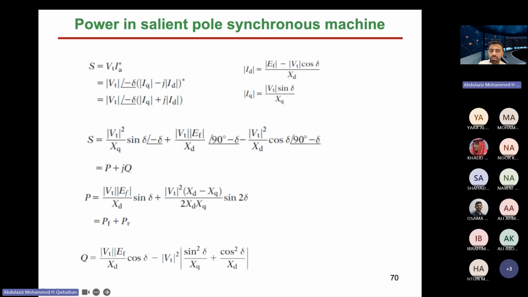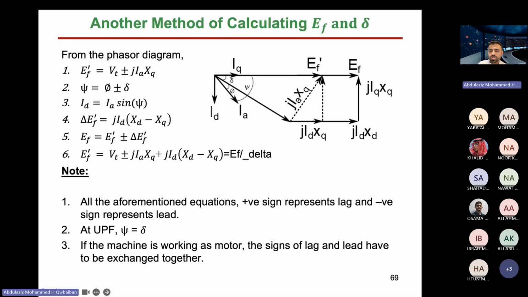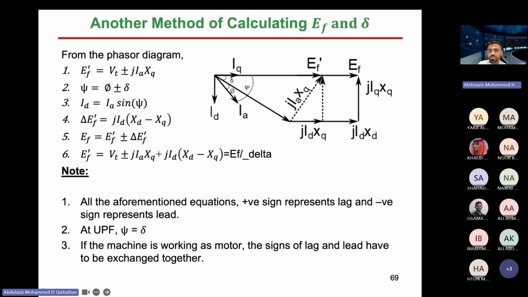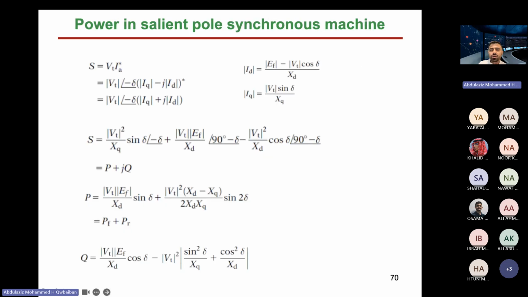This is from the phasor diagram trigonometries. I know it's getting hard, but ID is EF minus VT cosine delta over XD. If you do the math, you can write ID as a function of EF minus VT cosine delta. IQ is VT sine delta over XQ.